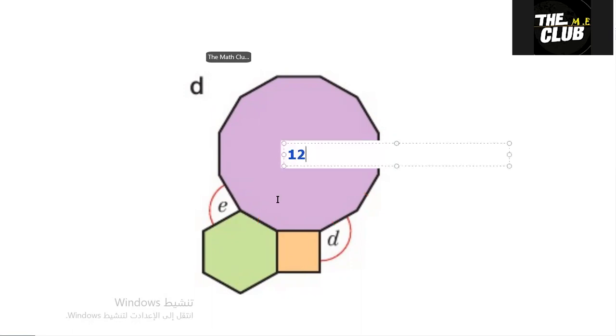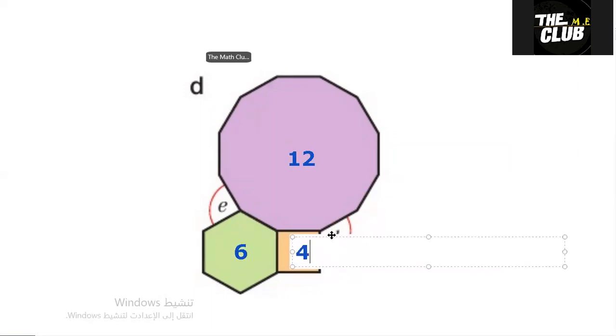And the other one here, we know that it has 6. It's obvious. 1, 2, 3, 4, 5, 6. And this one is a square, so it has 4. Good. Now, let's find D first. Angle D is the exterior angle of what? The exterior angle of a square and the exterior angle of this polygon together.